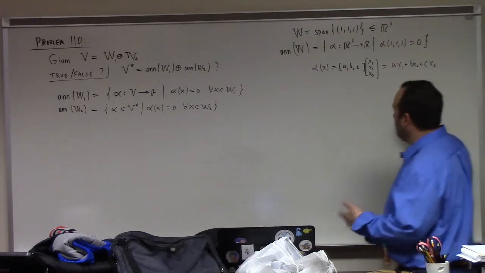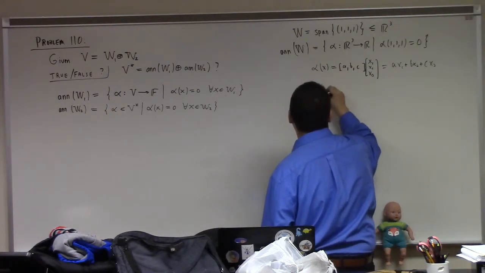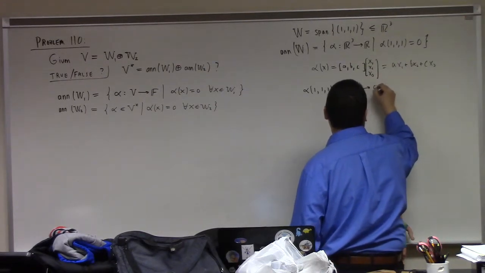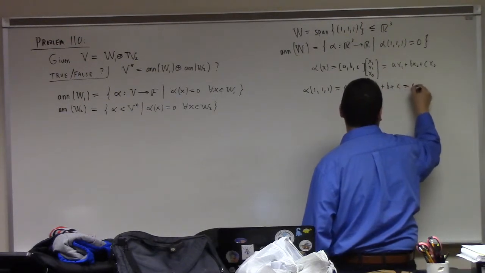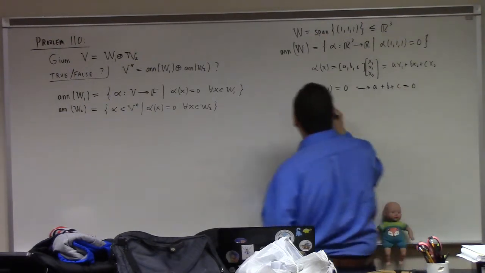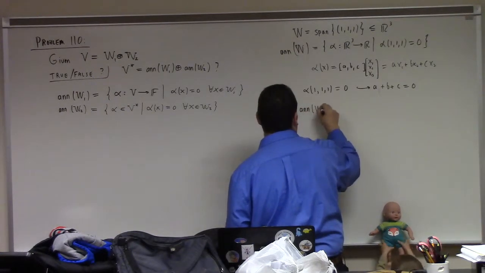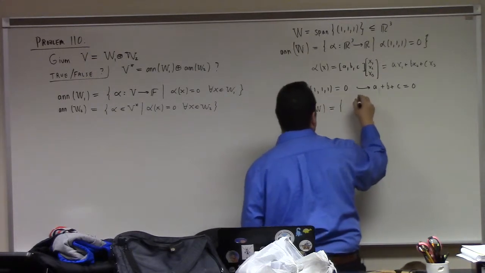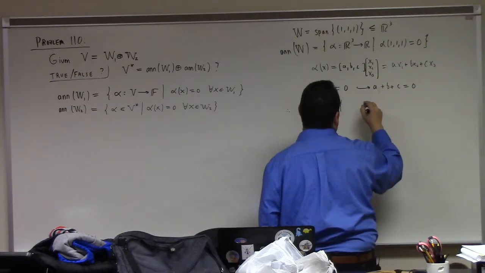Anyway, my point is, in this case, there's only one condition on alpha, which is that alpha of 1, 1, 1 equal to 0, right? Which would say that A plus B plus C is equal to 0, right? Therefore, the annihilator of W is essentially, let's see here.